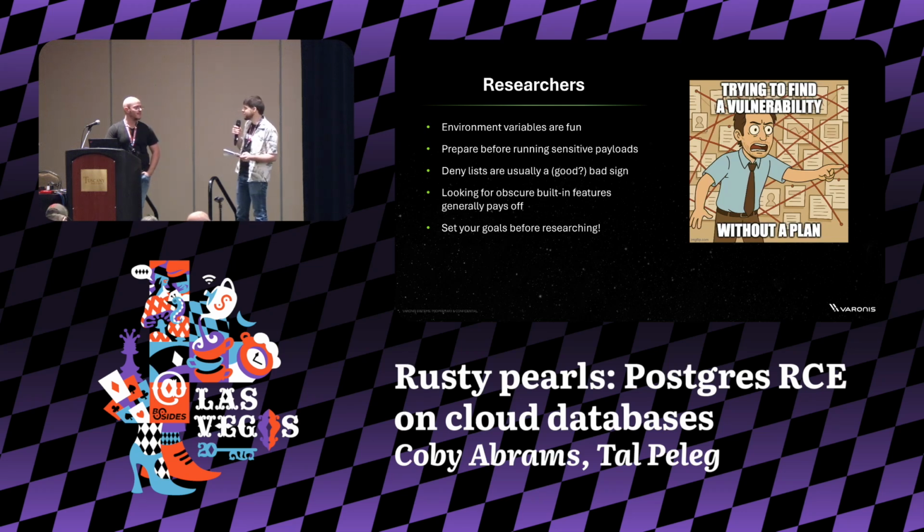Call your database with an indicative name. So we called our database Coby, and that helped AWS contact Coby via LinkedIn. He's apparently the only Coby at Varonis that writes it with a C and a Y. Yeah, and that's how they knew that we were okay.